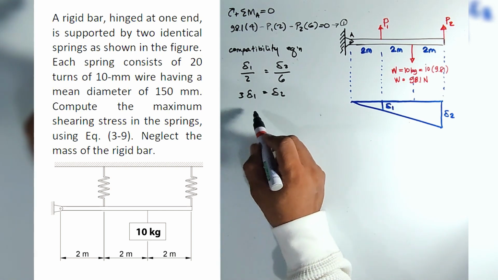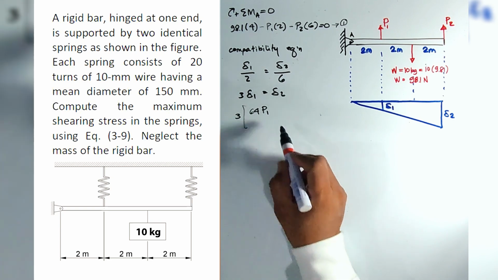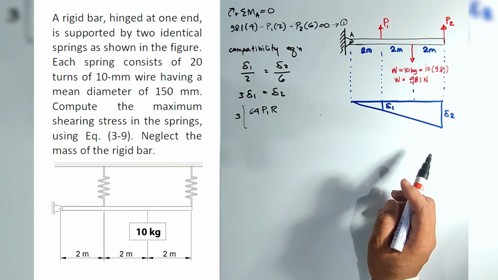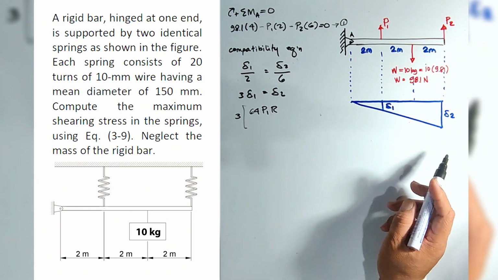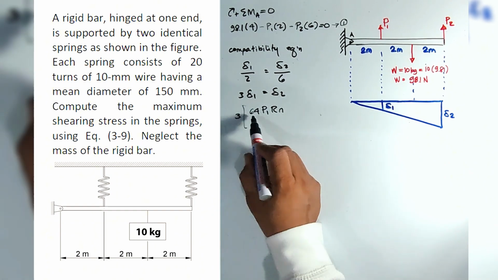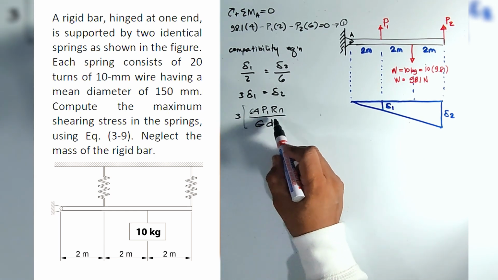Then we know that deformation is 64 P1 R cubed N over G D to the 4th. By the way, the problem states that these are identical springs. So that means the mean radius, the number of turns, the modulus of rigidity, and the wire diameter are the same.